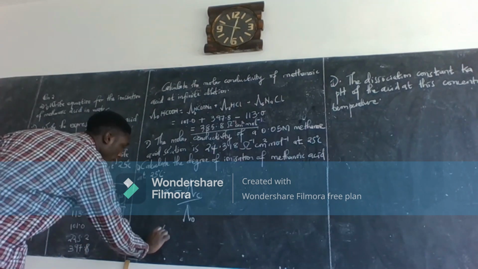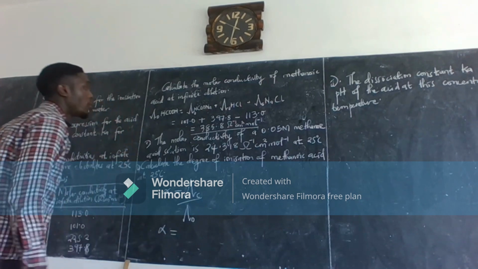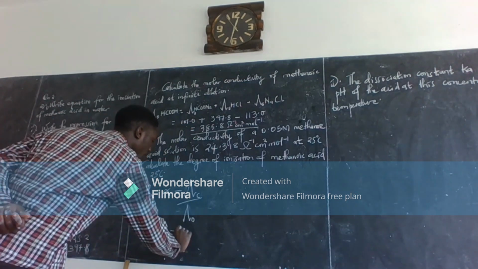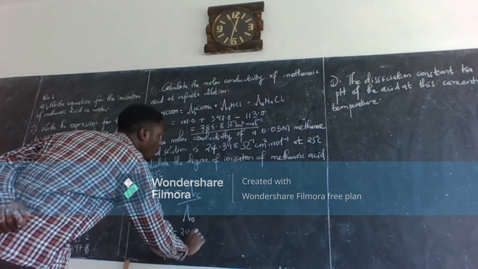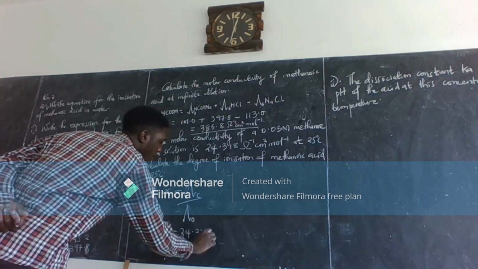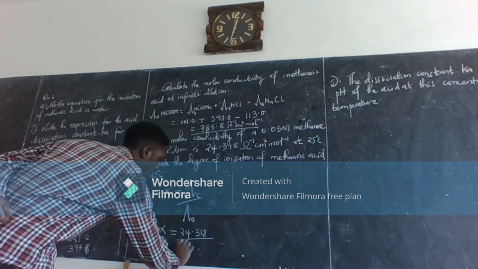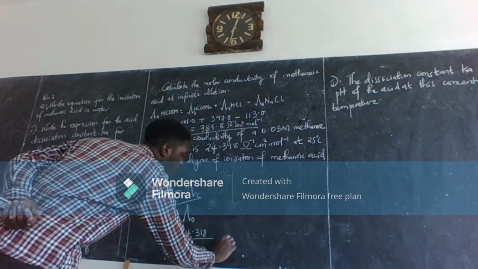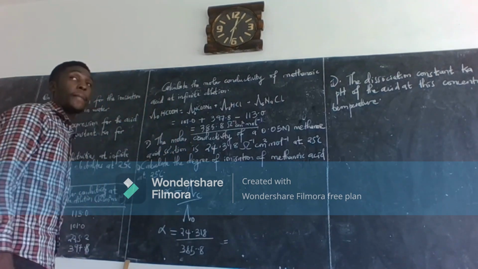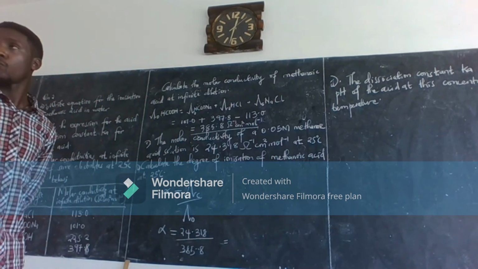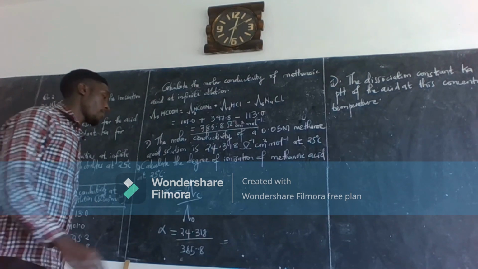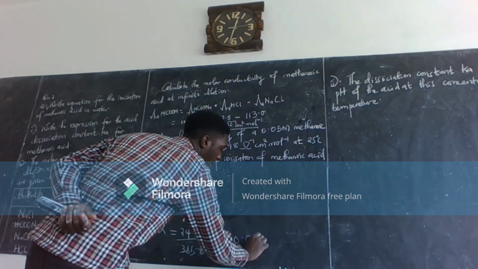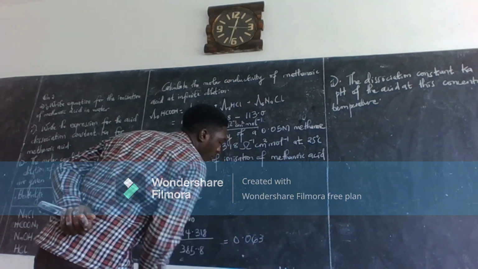So alpha will be equal to 24.318 divided by 385.8, and alpha is equal to 0.0630.